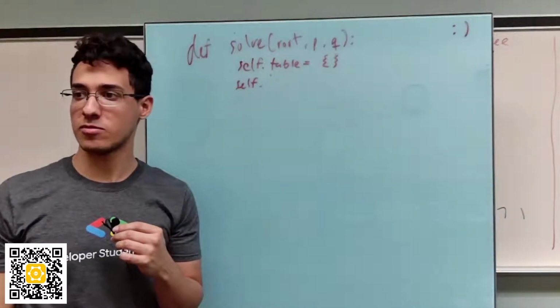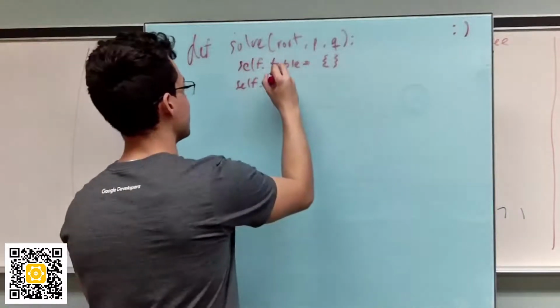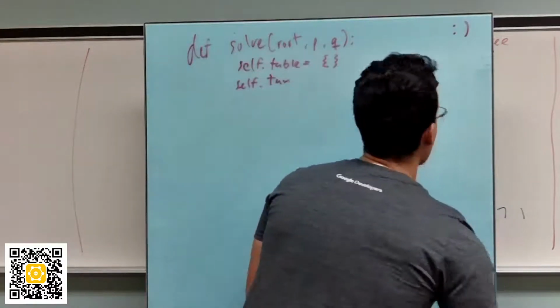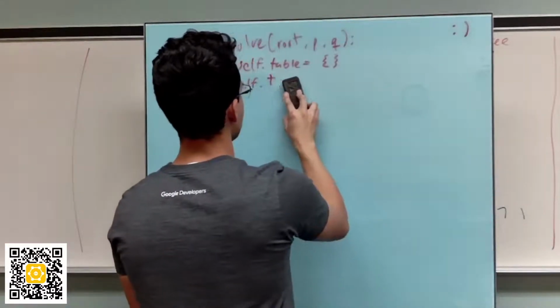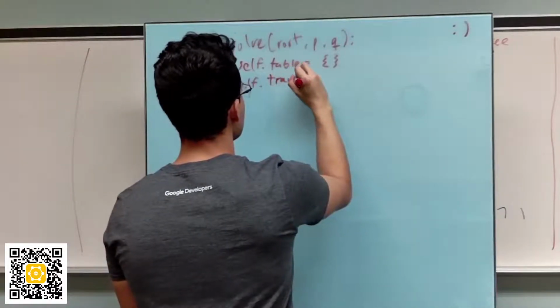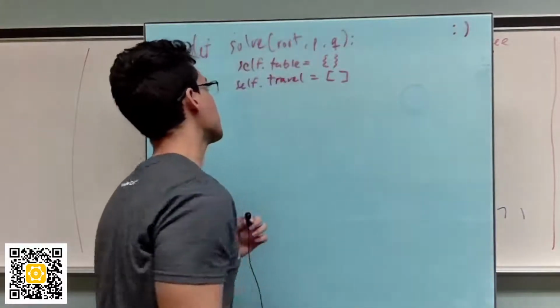Traverse? Travel. I'll just call it travel. That's going to be a list of how we traveled the nodes. Okay.